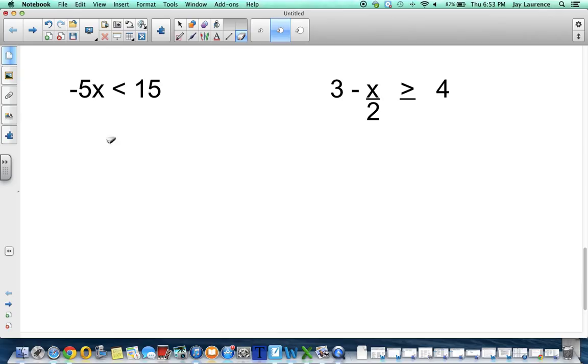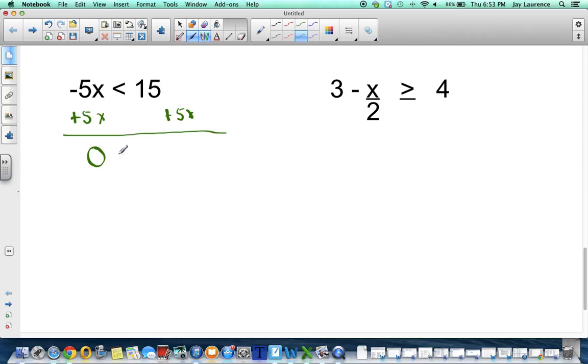Okay. Here's what I want you to do. I want you right now to add 5x to both sides. Why? Because I don't want that coefficient to be negative. All right, so I'm going to add 5x to both sides. When I do that, I don't just say there's nothing over there. There's 0 over there. There's no other number, so I have to show the 0.